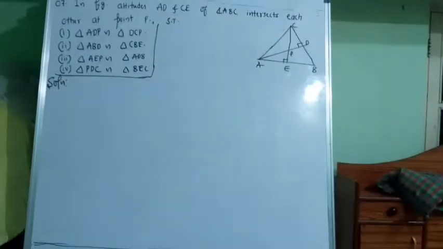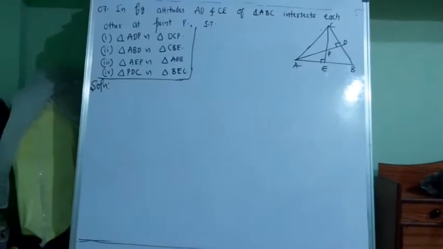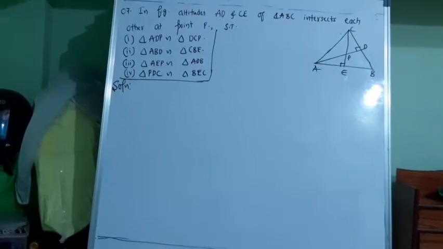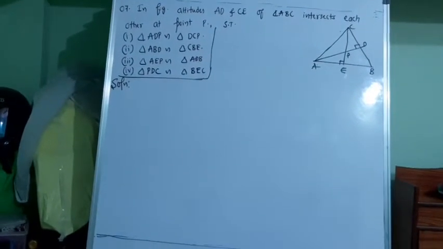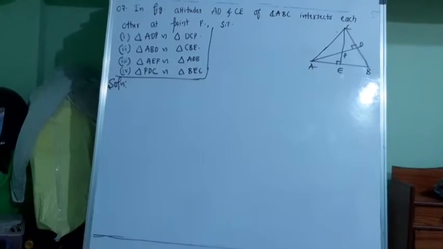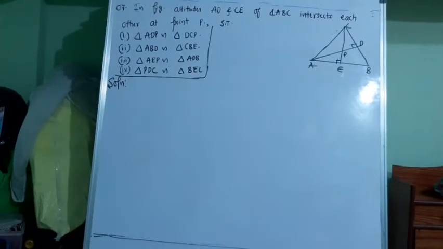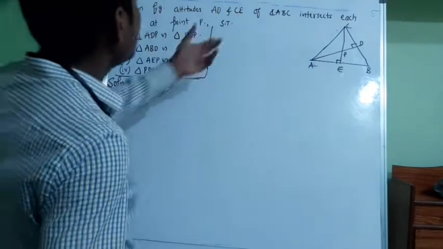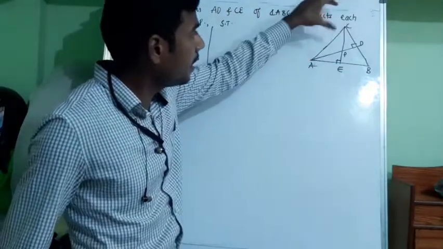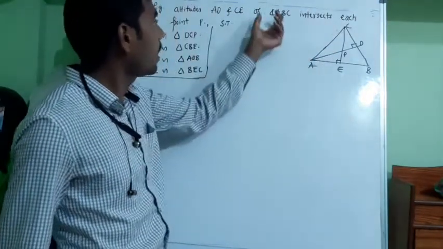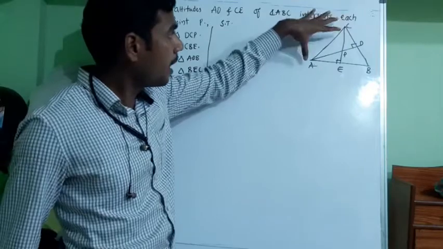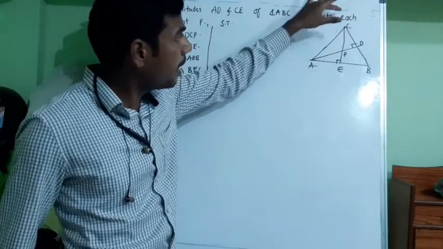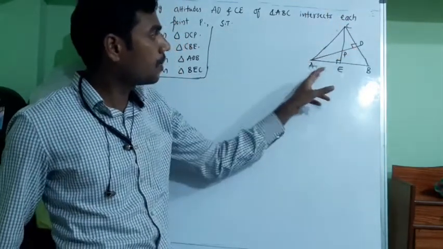Now, seventh question. In the figure, AD and CE are the altitudes of triangle ABC.